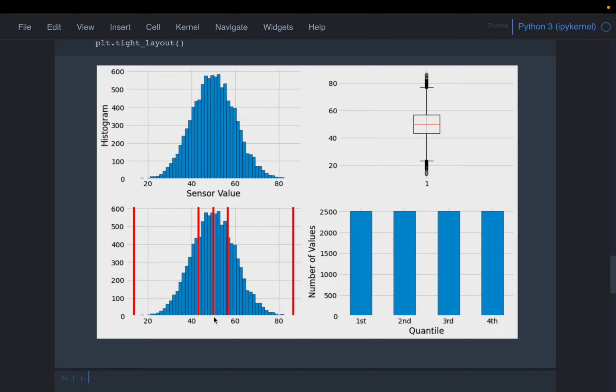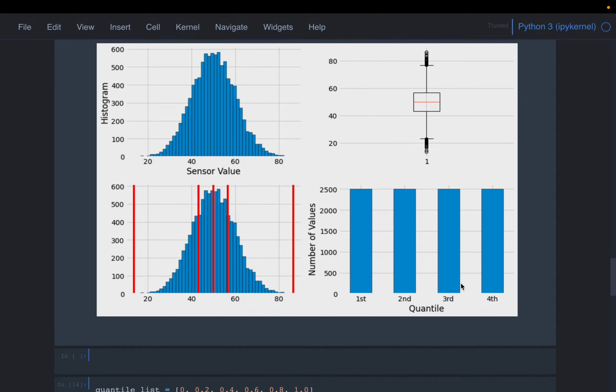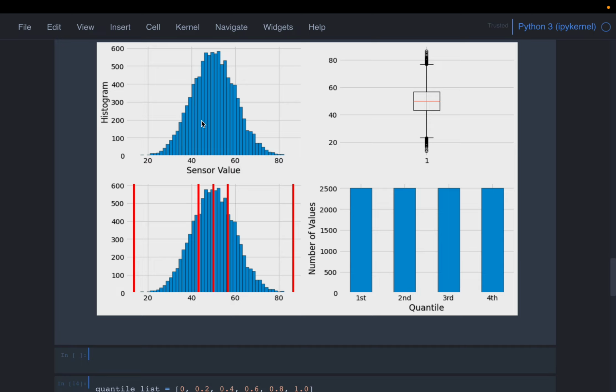And between this Q1 and median, we have another 25% of the data. Between median and the Q3, 25%, and the remaining 25% of the data is between Q3 and the maximum value, which is what we are seeing here. So basically we have divided this data into 4 bins using the quantiles, so that each bin will have an equal number of the values we have.